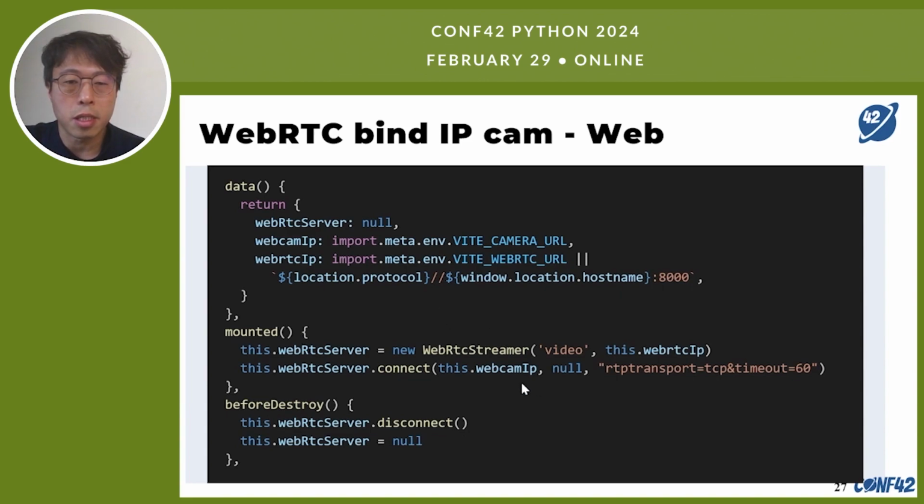When the components start up, we need webrtc-streamer to start a server in our local environment, and then we use the connect function to publish the RTSP protocol to the outside service.